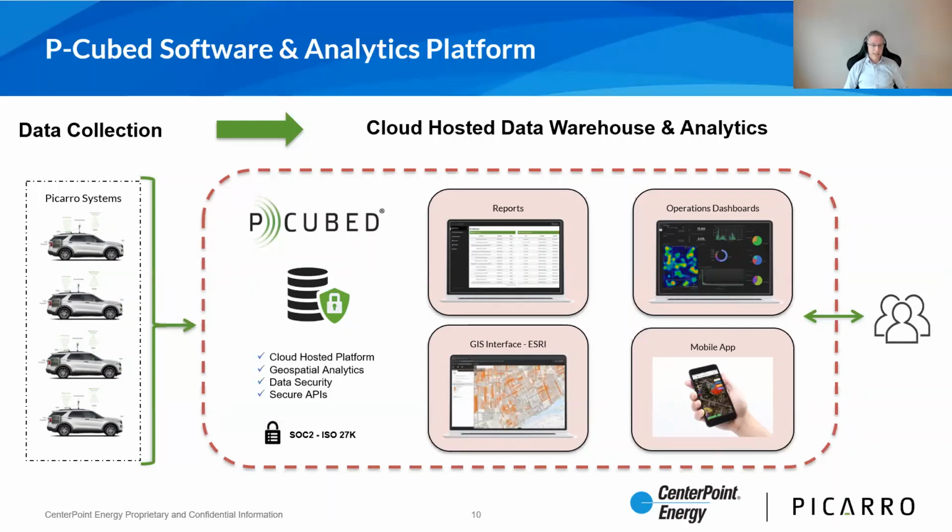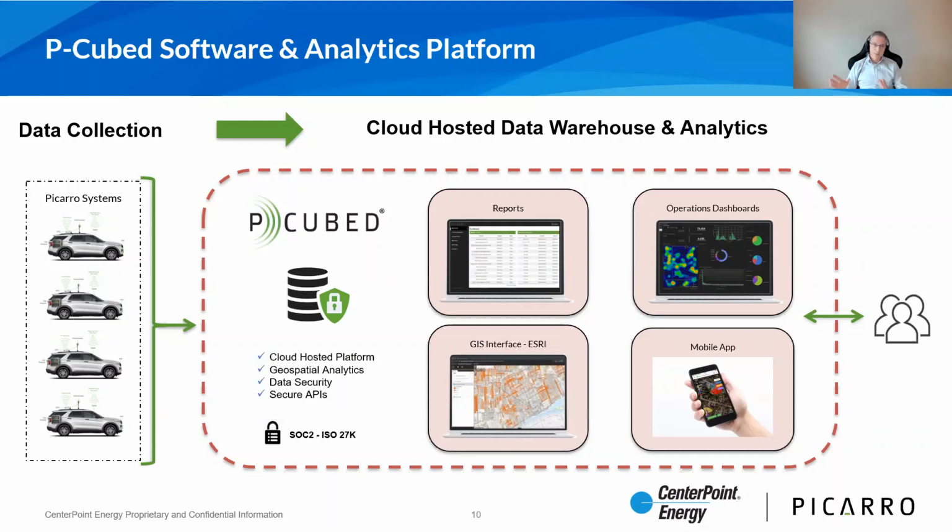We have onboard geospatial analytics capabilities, embedded data security, as well as API access for easy sharing. We are SOC 2 and ISO 27K compliant for the P-Cube platform. And Picarro is now an ISO 9001 certified organization as well.